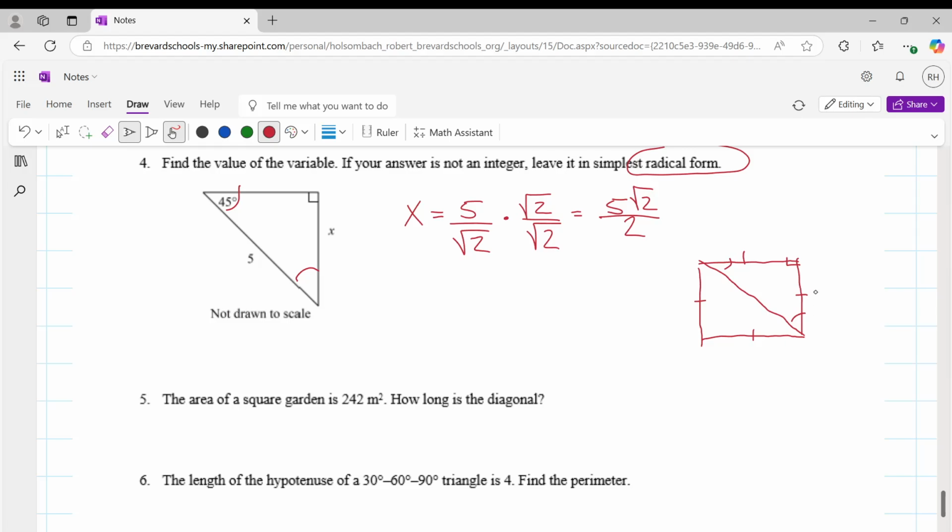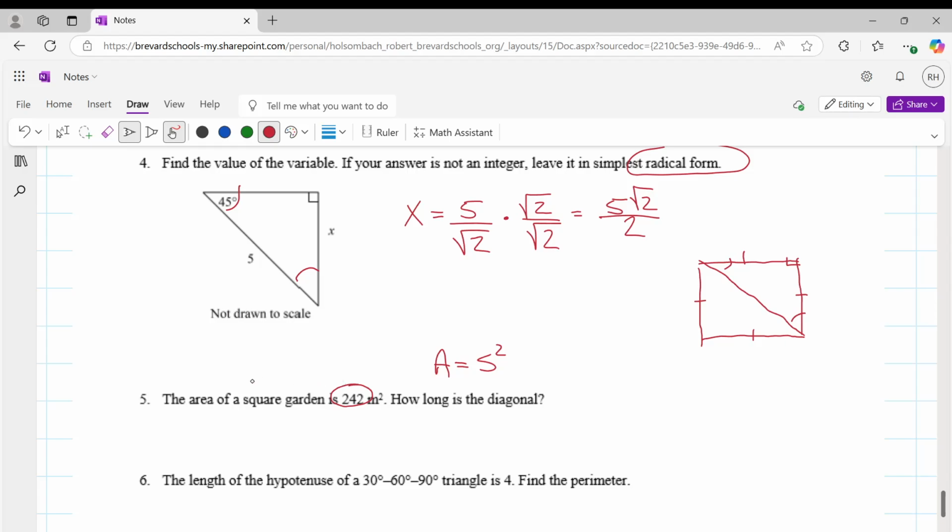So we need a side length so we can find the length of the diagonal. And all we're given is the area. All right. So the area of a square is equal to one side squared. So they give us this area of 242. So if we substitute that into this formula, we can find out one of the sides.